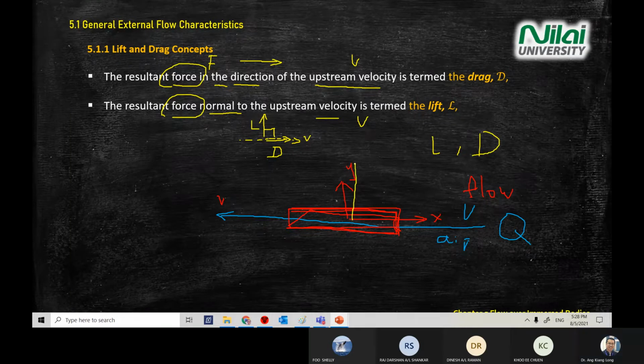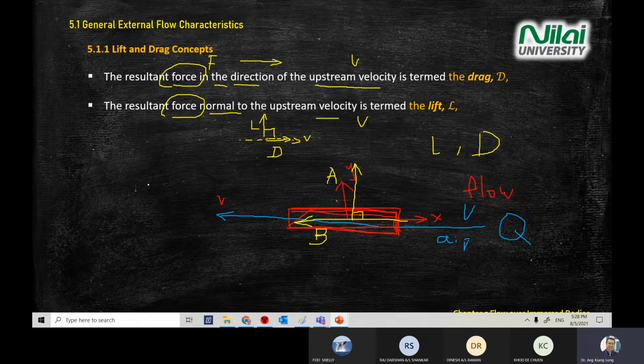First one, it is 90 degree to the flow. I label this as A. Another one is this way. This is your B.